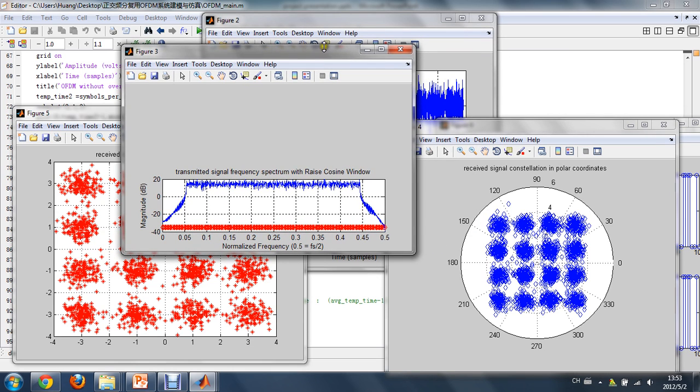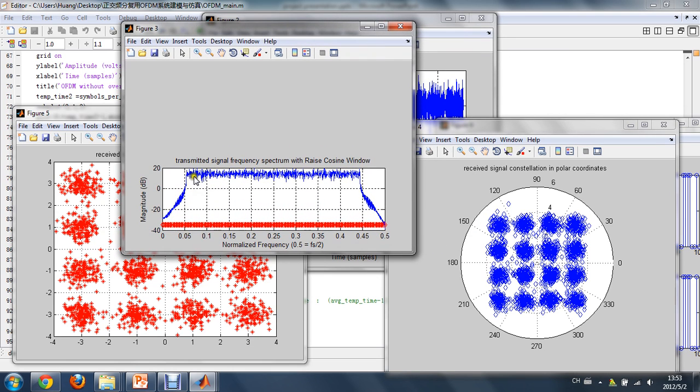Here, the blue frequency spectrum is the spectrum before adding the raised cosine window, and the red spectrum is after adding the raised cosine window.